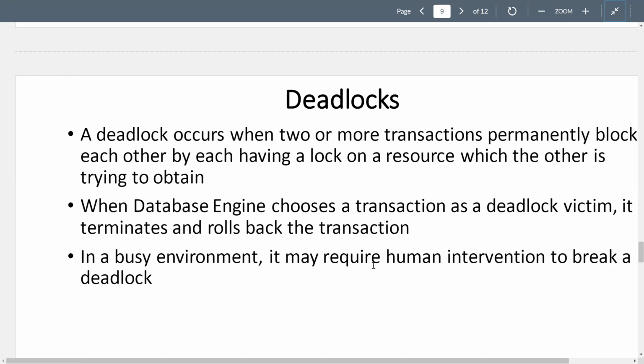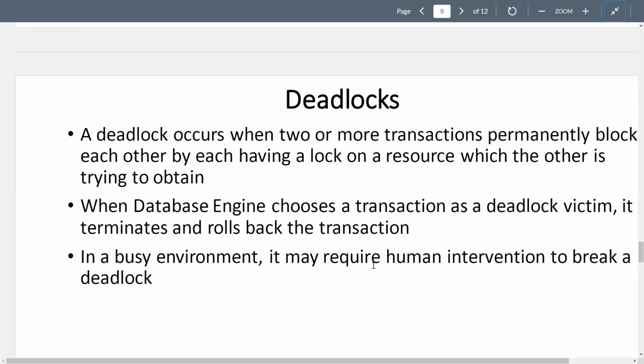So they will keep holding on to the resource they have locked up and waiting for other resources to be released by other concurrent transactions, and other concurrent transactions will not release their resources either because they are waiting for other resources to complete. So that's what we mean by a deadlock.